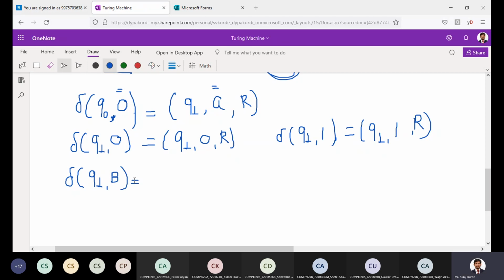B denotes blank, which means the end of input. So what do we have to do? We have to keep this B as it is and change the state because we are going to change the direction. Go to the left. We found the rightmost B, so go to the left.